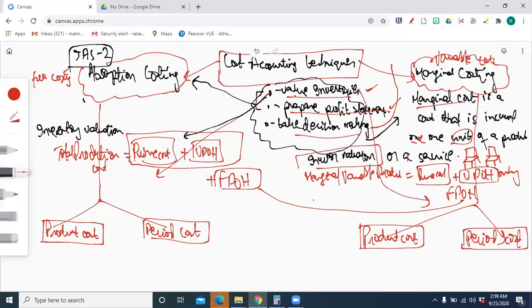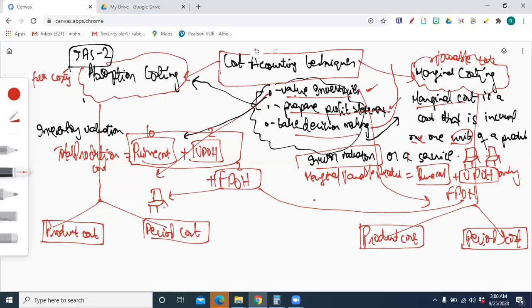What creates the difference is basically the treatment of fixed overhead. One absorbs fixed overhead into a unit, let's say a chair. For example, prime cost is 10, variable overhead is 12, and fixed overhead is 2, so the full cost goes 10, 11, 12, 13, 14.